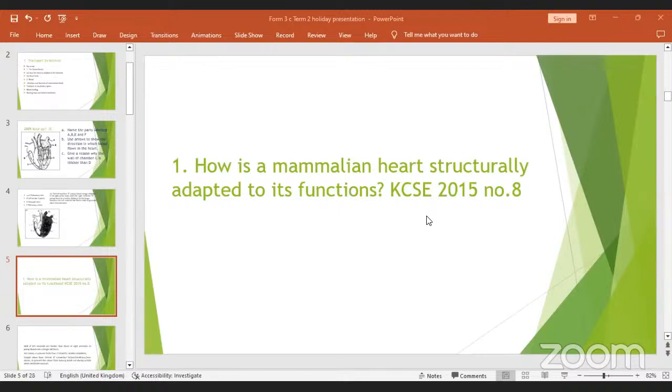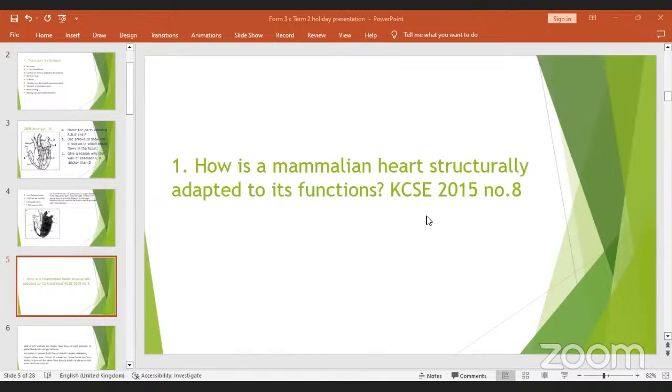Or you are allowed to say that it has the coronary artery that nourishes, supplies oxygen, supplies nutrients to the heart muscles. But if you want to talk about the modification side, you can say that the coronary artery is highly branched to carry out these functions, supplying nutrients, supplying oxygen, nourishing the heart muscles. Still okay at that point.